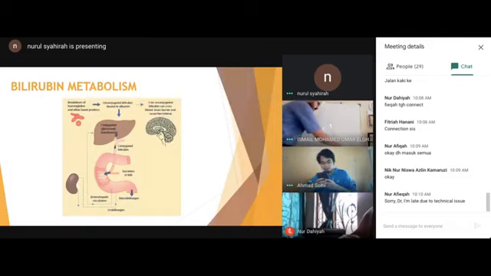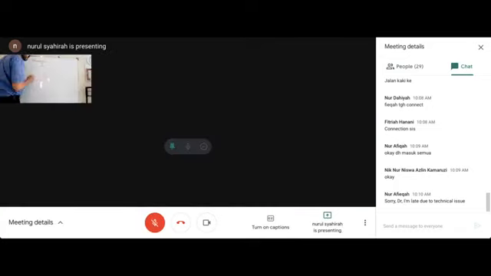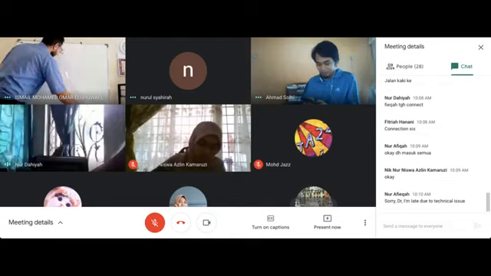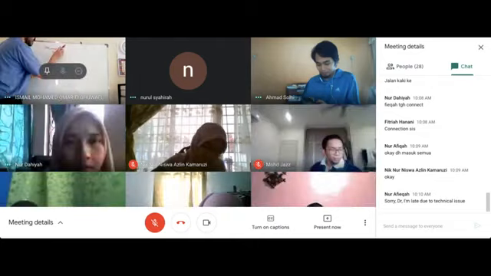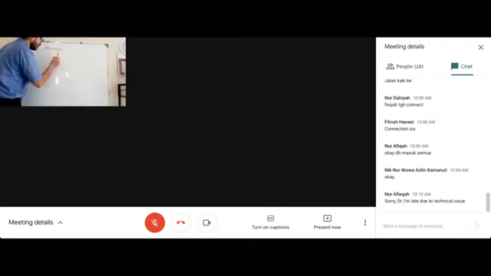For bilirubin, first hemoglobin splits into heme and globin.